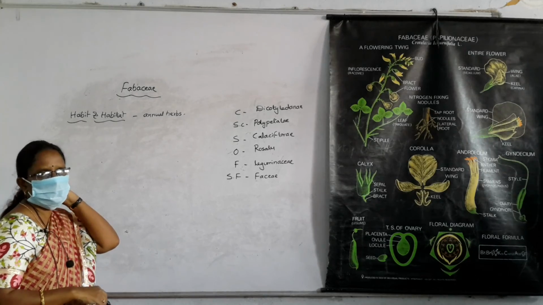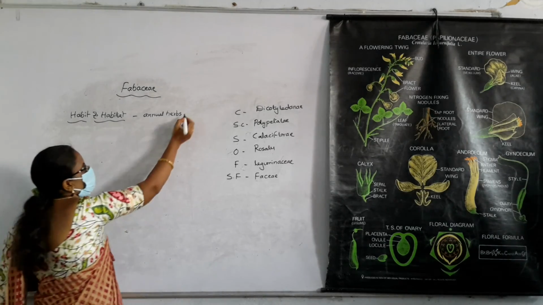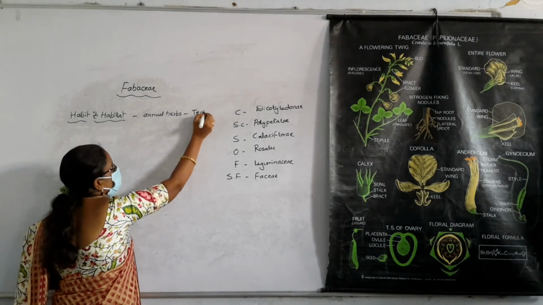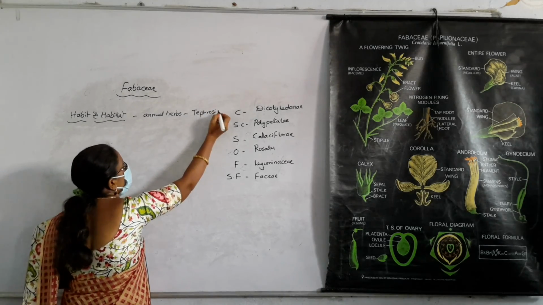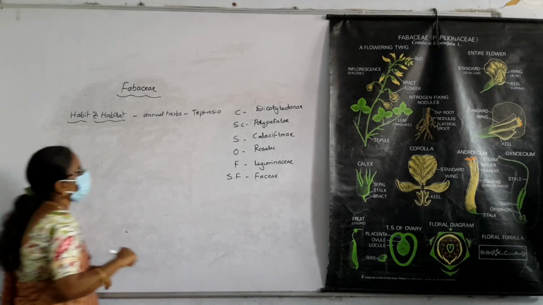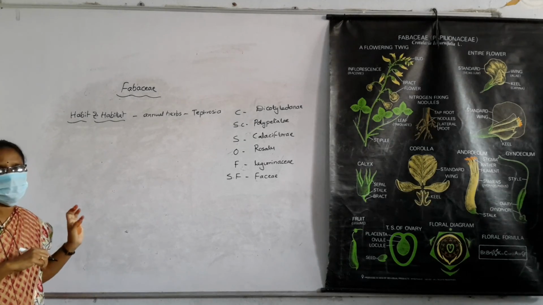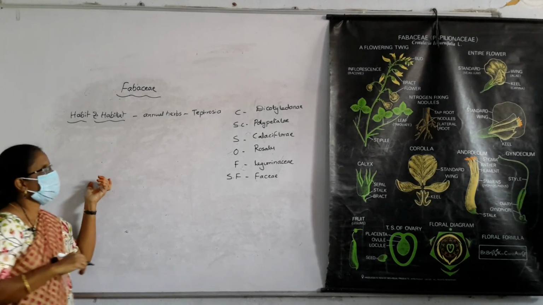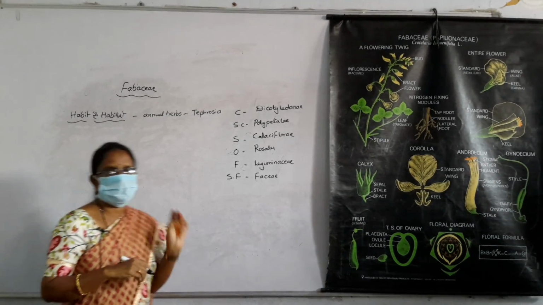An example of an annual herb is Tephrosia purpurea. The habitat discussion continues in the next class.